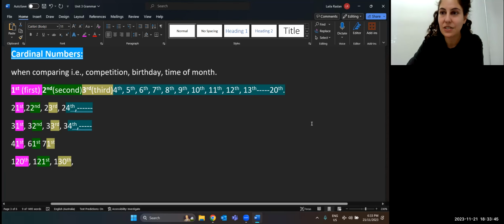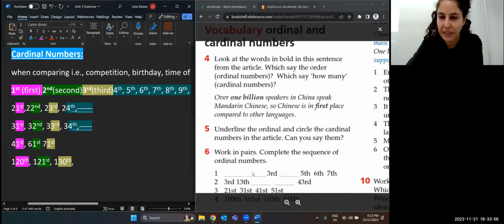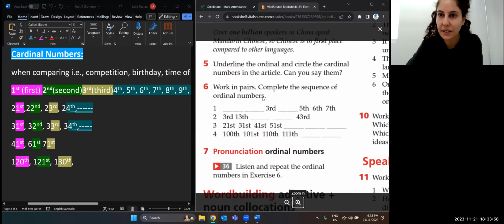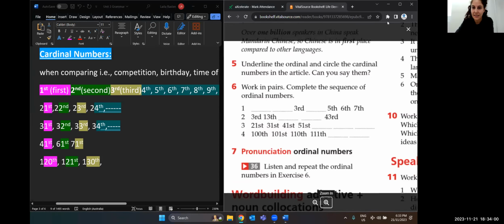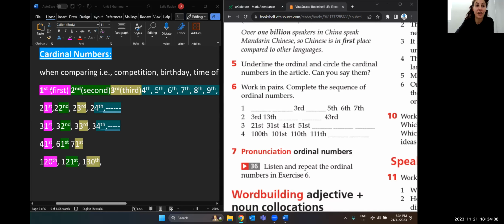Okay, let's get into doing the exercise. So in number 6, I can see it says something, something, third, something, fifth, sixth, seventh. So what's the first one? First. So that's how we pronounce it.